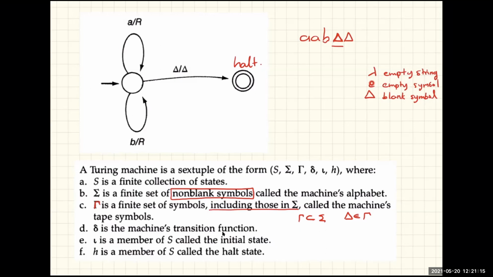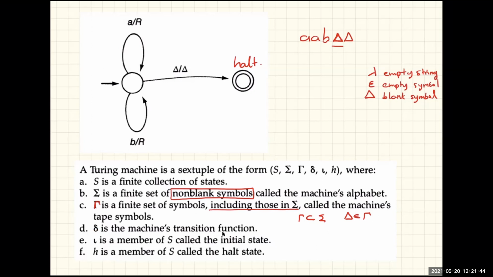It doesn't matter if there is a symbol or not. We can just ignore it. However, when we want to ensure we have a blank symbol, then we will use this symbol. That's the difference. This can be ignored, and this cannot be ignored. By using a triangle, I must see it on the tape. If I don't see the blank symbol, then I won't take it as a blank symbol. Okay, I think that's clear.